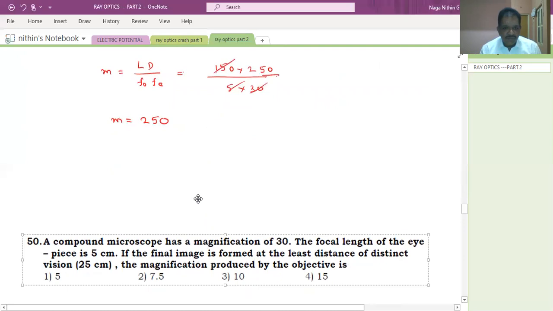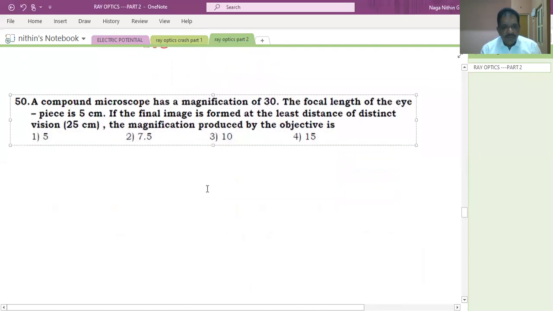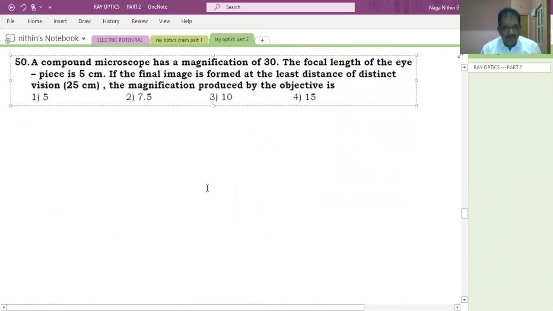Next, 50. A compound microscope has a magnification of 30. The focal length of the eyepiece is 5 centimeter. The final image is formed at the least distance of distinct vision. Magnification produced by the objective will be how much?